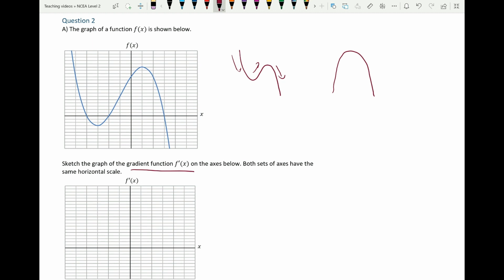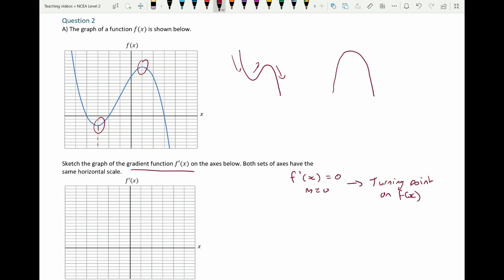The key thing here is that when f dash of x equals 0, so the gradient is 0, that is a turning point on f of x. So we want to find those turning points, so we can see we have got one here and one here. It's a cubic equation, so cubics will typically have two turning points.